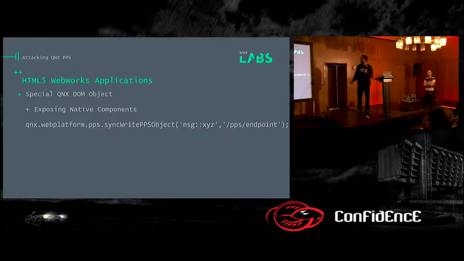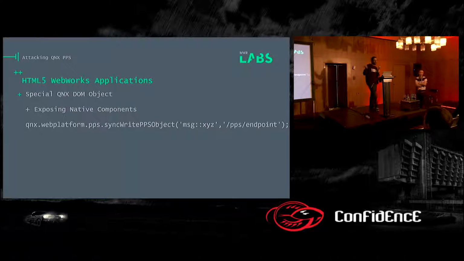So for example, from within JS, you can instantiate this QNX object, and you can send messages using the PPS framework, or you can connect to other processes. So think about the opportunity of injecting JavaScript into an application, fetching content from over the internet, injecting this JavaScript into a web view, and then from the web view, you can escalate to, let's say, some code execution by sending an exploit over to the PPS endpoint.